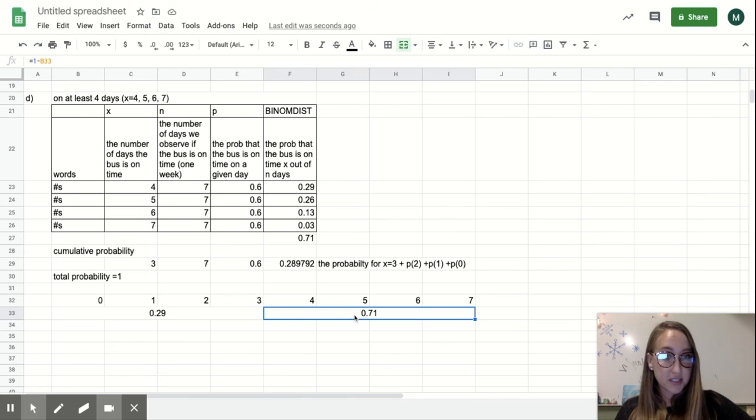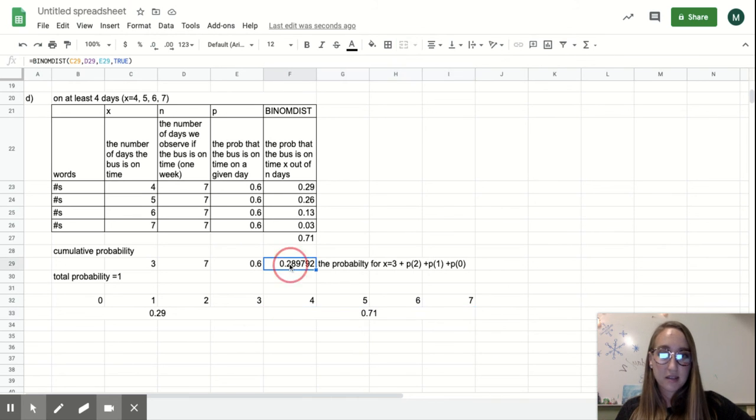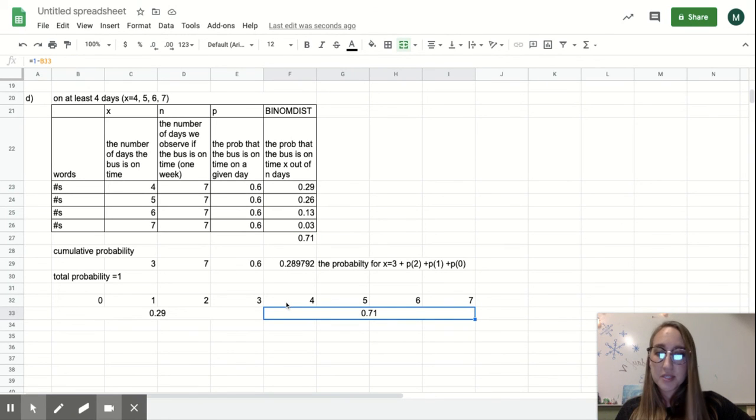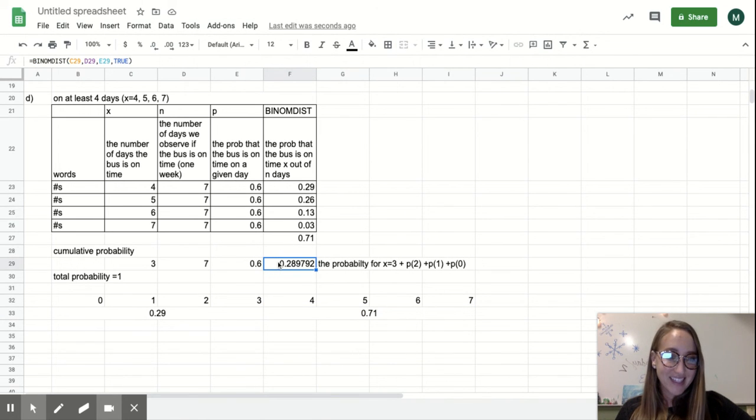And as you see, we did 1 minus this binomial dist. It was the same as adding up these 4 separate binomial distributions. Okay, so when we want greater than or equal to, we will do 1 minus less than or equal to 1 less than the number that we care about.